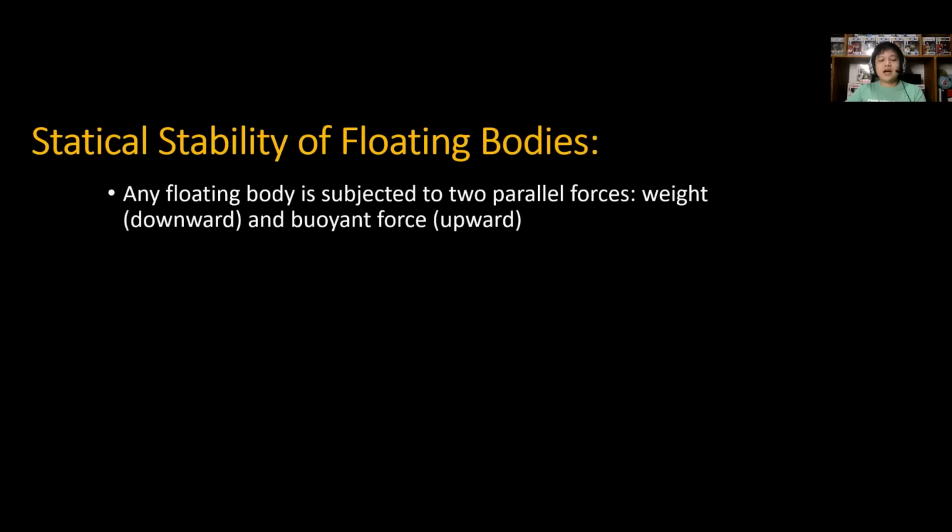Then let us consider the application of buoyancy, the statical stability of floating bodies, with the condition that any floating body is subjected to two parallel forces, the weight and the buoyant force.